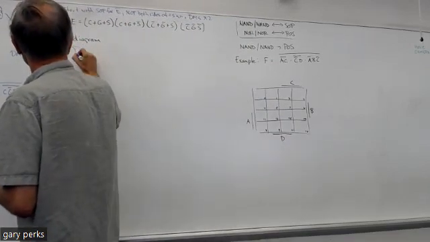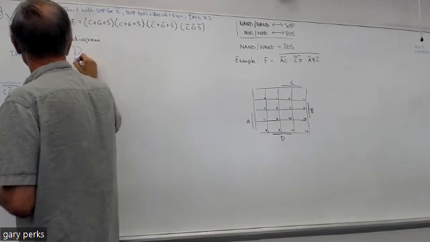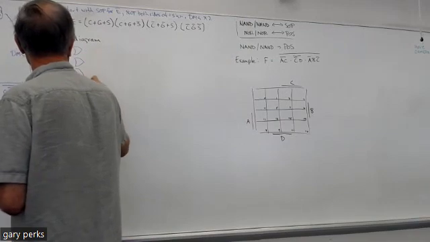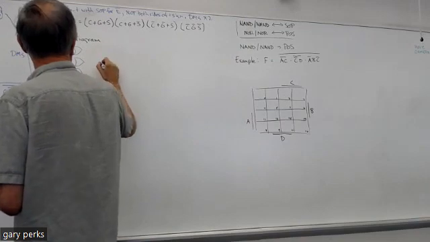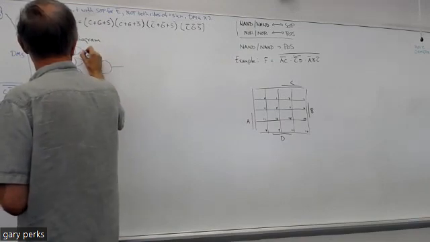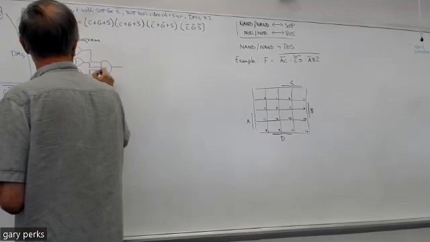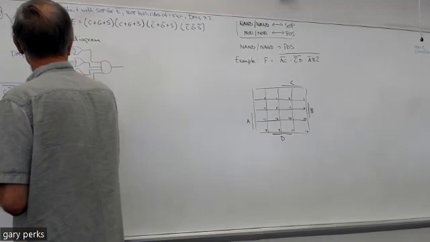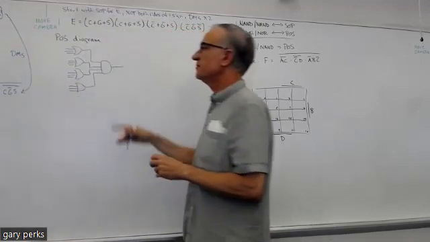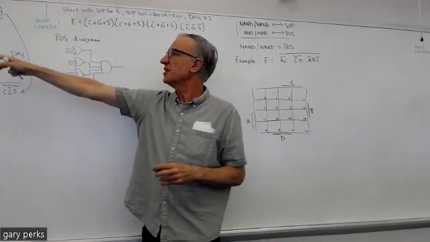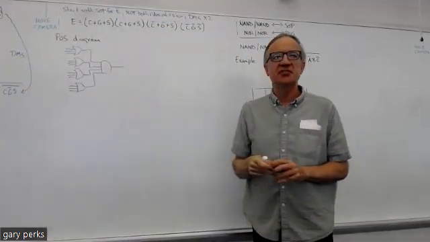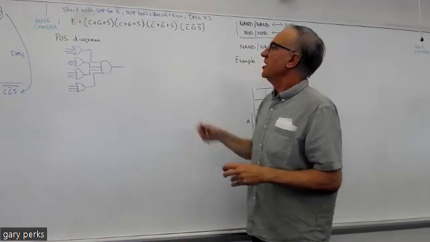For POS, you have OR gates, and they feed into a single AND. SOP is multiple ANDs into an OR; POS is multiple ORs into an AND.